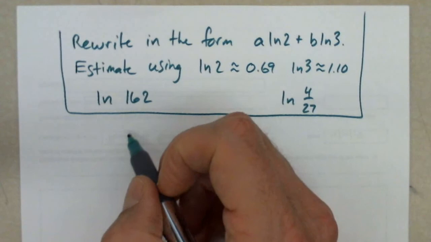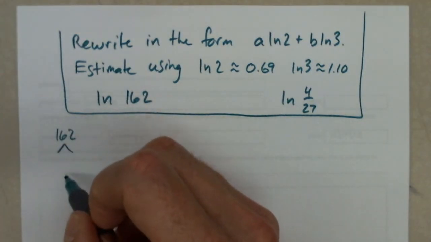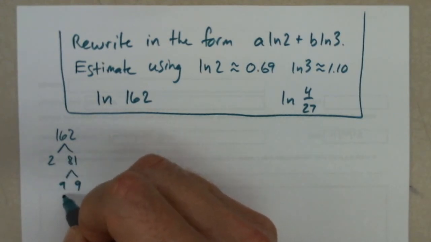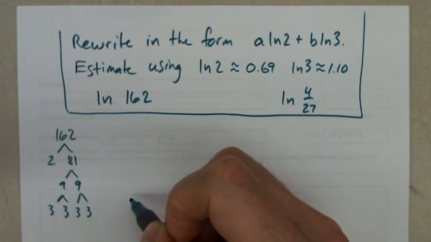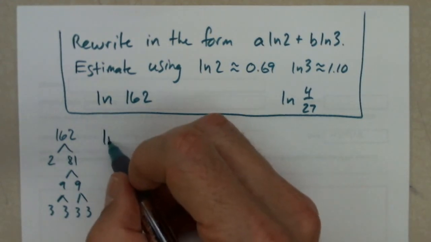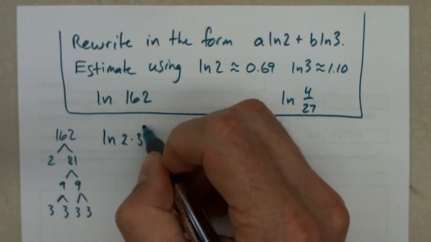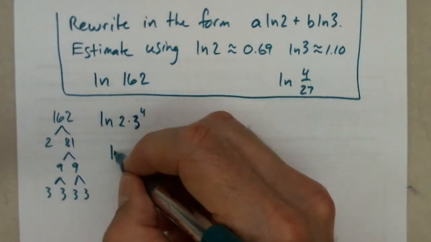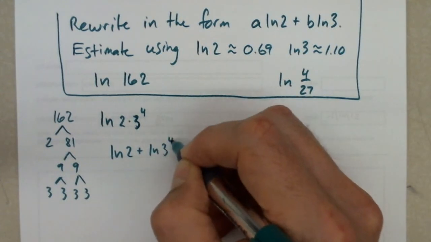So we need to rewrite this as a power of 2, and we can do that with a factor tree. So we see that this is going to be natural log of 2 and then 3 to the 4th. Natural log of 2 plus natural log of 3 to the 4th.